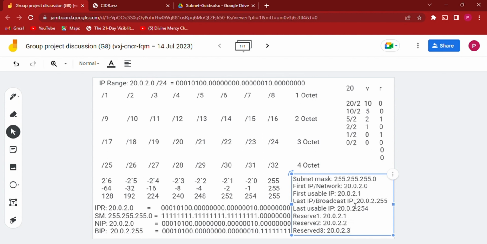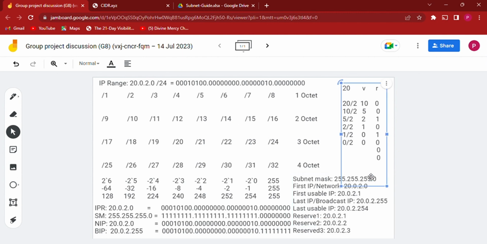Just note that the first usable IP is not really usable by you because AWS automatically reserves it for the router, and then it reserves the second usable for DNS, and the third usable for future use. So indirectly, these three are not usable.